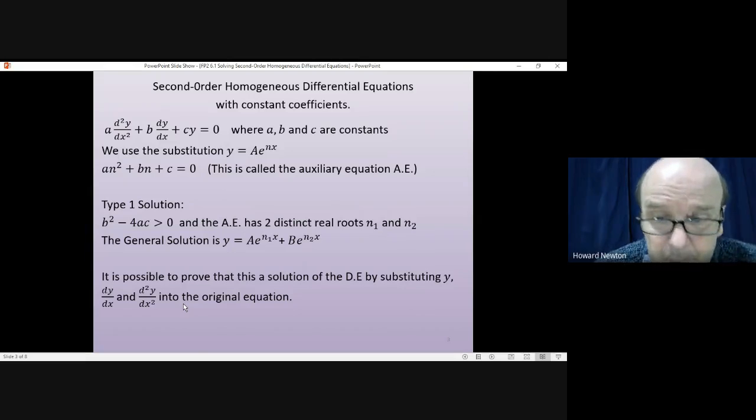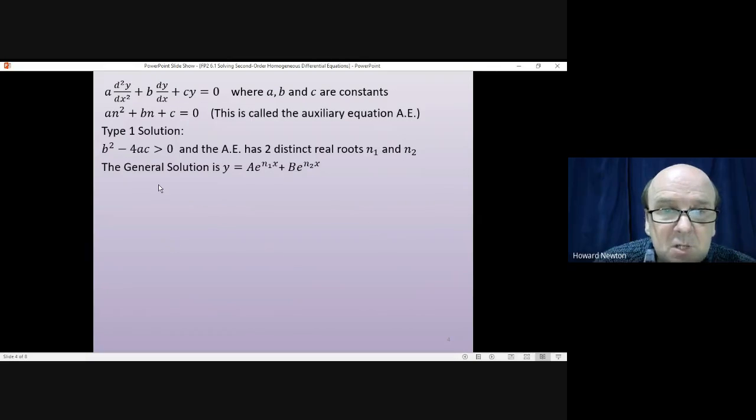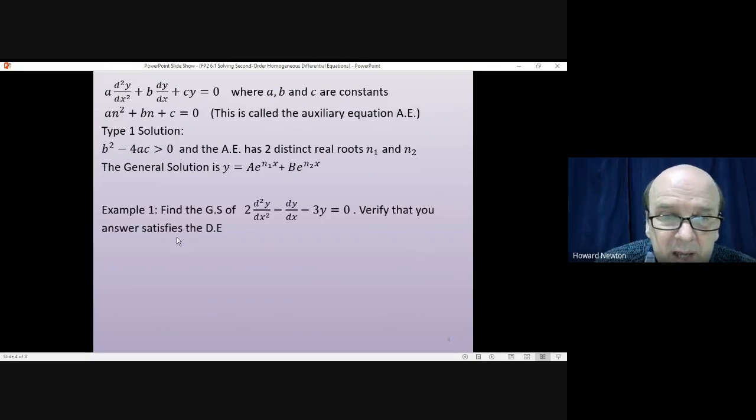It's possible to prove that this is a solution of the differential equation by substituting y, dy by dx and d2y by dx squared into the original equation. And we'll do that when we do the first example. So that's type 1, and we'll go straight to the first example, which is: find the general solution of 2 d2y by dx squared minus dy by dx minus 3y equals 0.